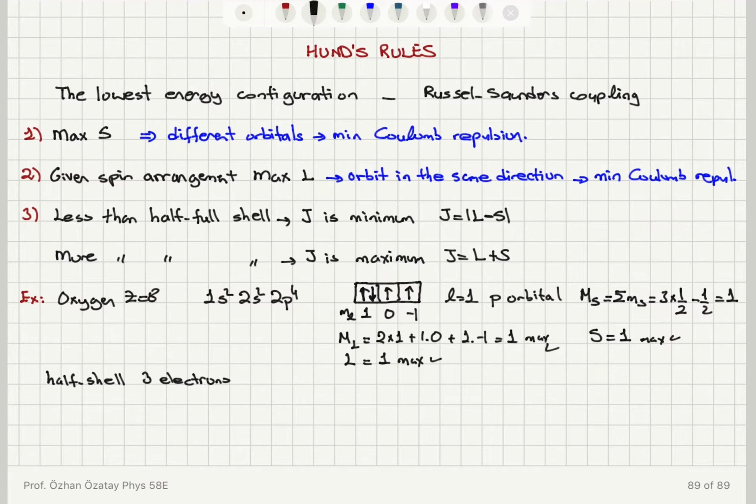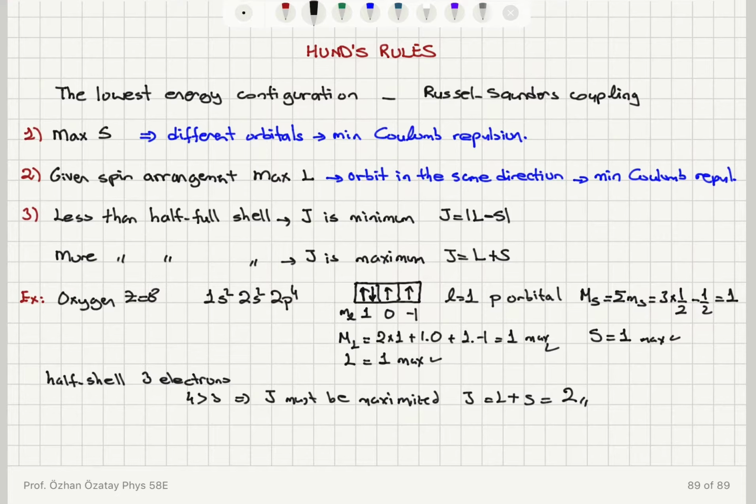Now we have more than half-full shell, so we have 4 electrons, 4 greater than 3, then J must be maximized, so we must have J equal to L plus S, so J must be equal to 2.